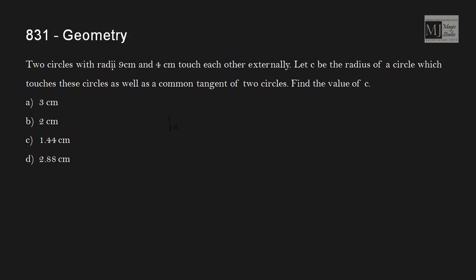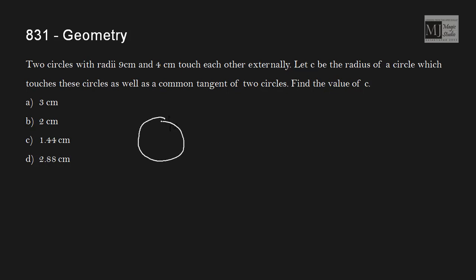Two circles with radii 9 cm and 4 cm touch each other externally. Let C be the radius of a circle which touches these circles as well as a common tangent of the two circles.